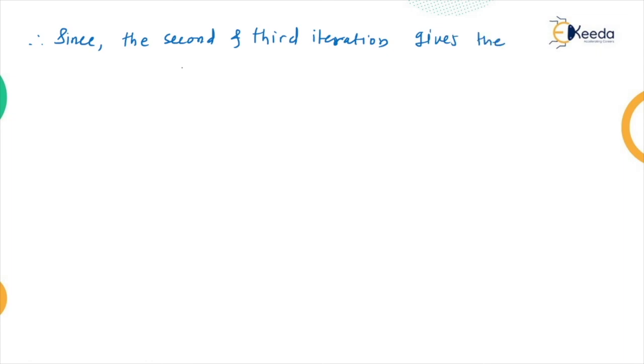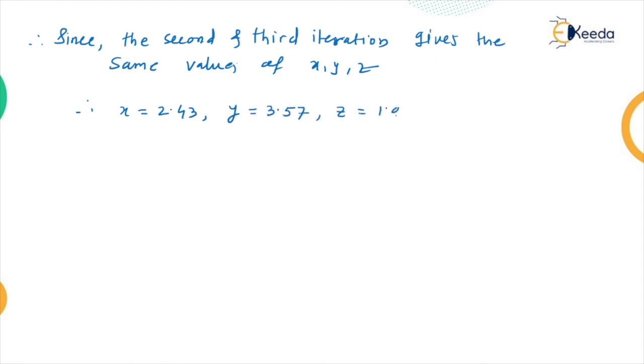So therefore, since the second and third iterations give the same values of x, y, z, therefore x is equal to 2.43, y is equal to 3.57, z is equal to 1.93.